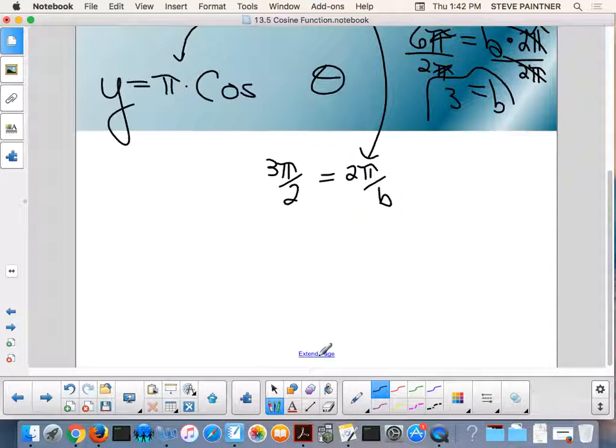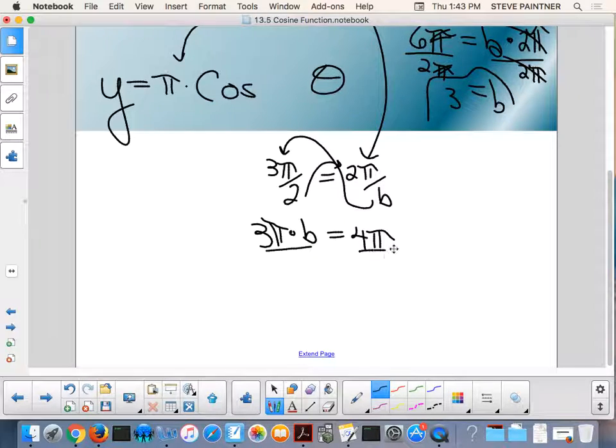What's this? 4 pi. What's this? 3 pi times B. How do you solve for B? Divide by 3 pi. 3 pi will knock out 3 pi. B is, what do the pi's do? What's the answer?